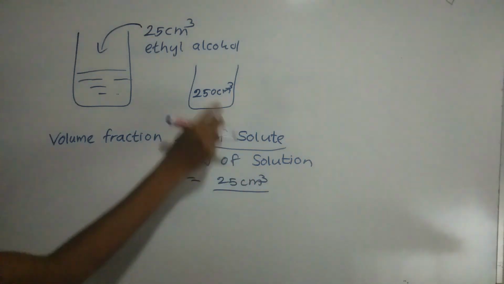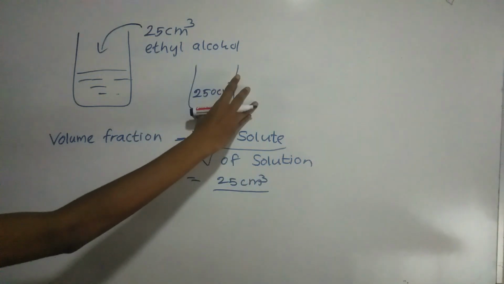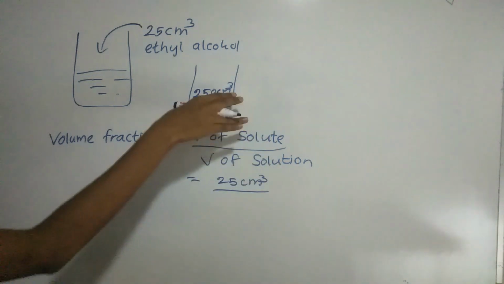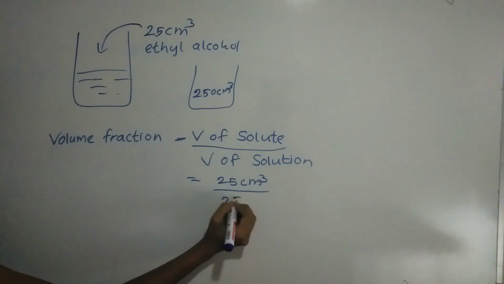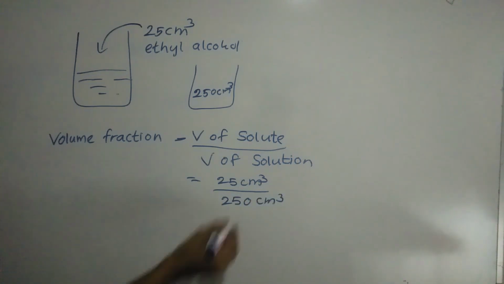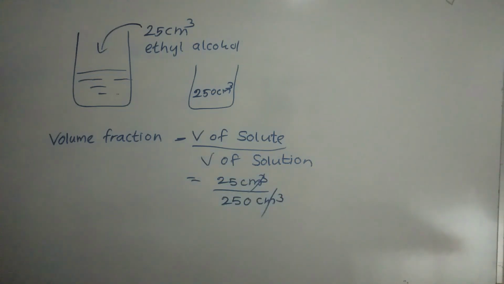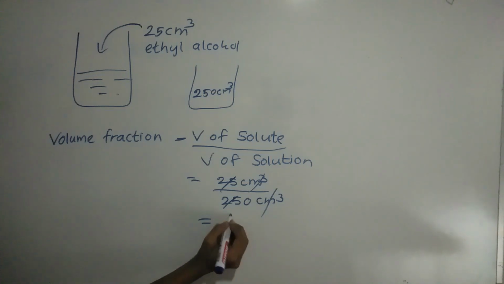Volume of the solution, they have given us the final volume, is 250 cubic centimeters. That means the volume of the solution is 250 cubic centimeters. They are asking us to find the volume fraction. Cubic centimeters cancel off. The answer comes as 1 over 10 or 0.1.